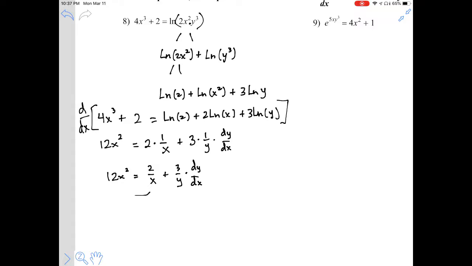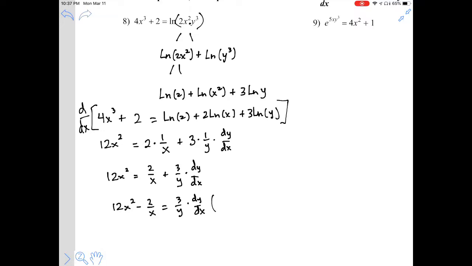I'm going to subtract this 2 over x to the other side because it doesn't have a dy dx, so 12x squared minus 2 over x equals 3 over y times dy dx. Now I need to get dy dx by itself, and it's being multiplied by 3 over y.